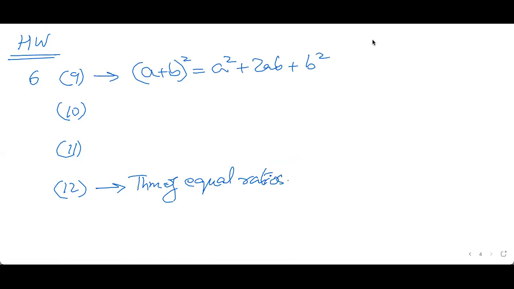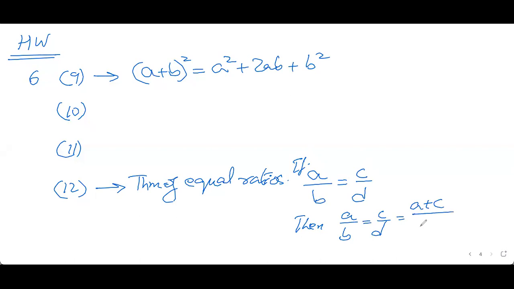Theorem of equal ratios says if we have two ratios which are equal to each other, if A by B equals C by D, then each of those ratios is equal to A plus C by B plus D. We don't need such things for question number 6, part 10 and part 11. But part 9 and part 12 will need something more.